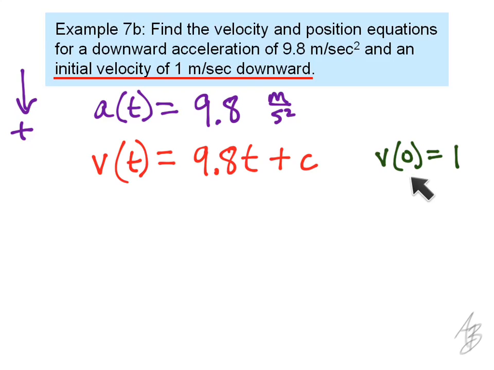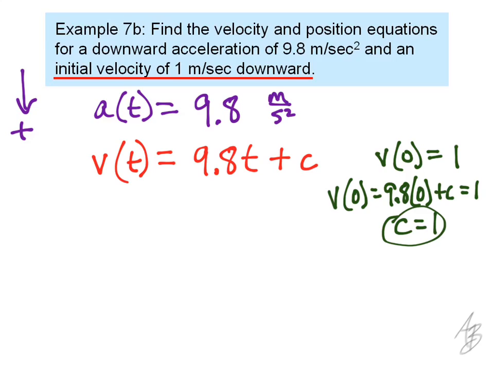So how can I use this to figure out what c is? Plug it in. So we're going to say v of 0, which is equal to 9.8 times 0 plus c, is going to be equal to 1. And so that means that c is going to equal 1.